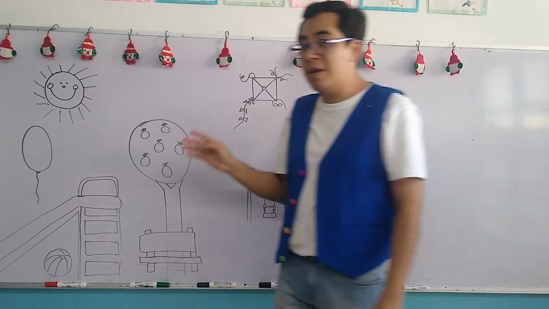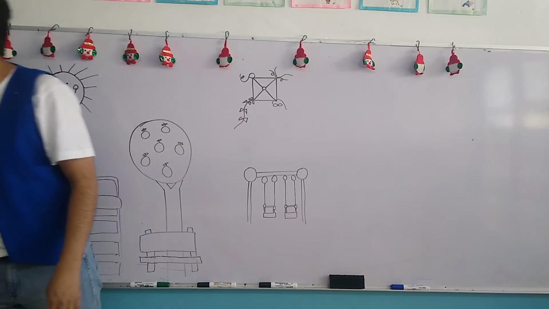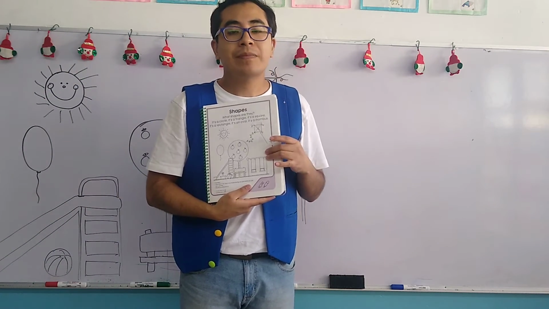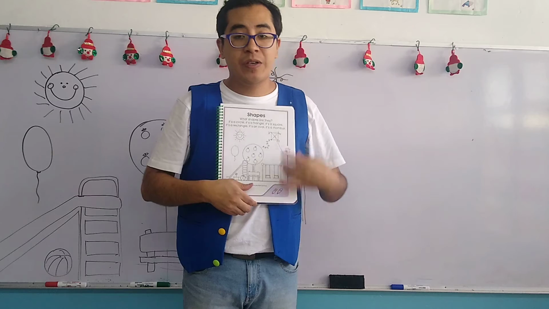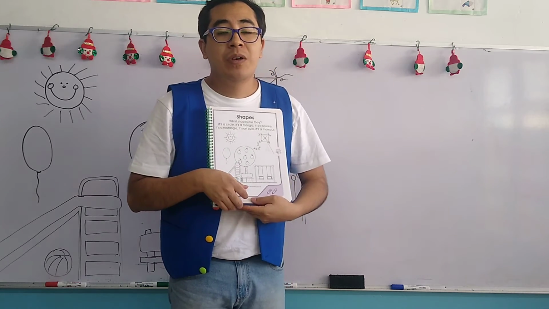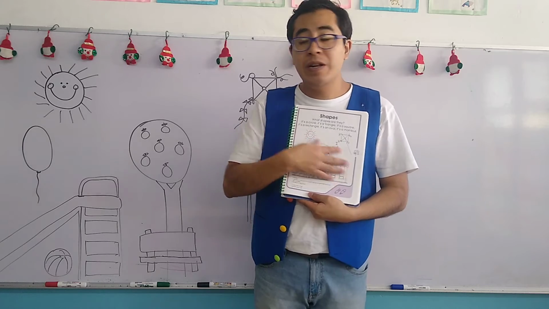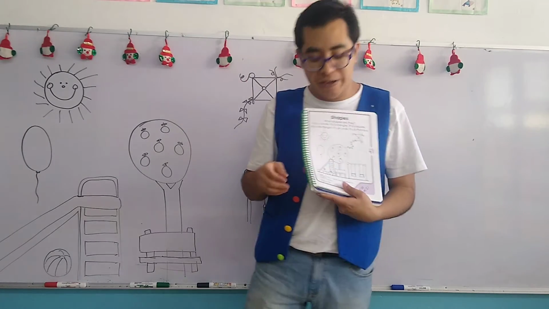And this activity is also part of your textbook and is on this page right here. Okay? So as you can see here, I tried to do my best in recreating the same drawing, and I pasted it right here. Okay?